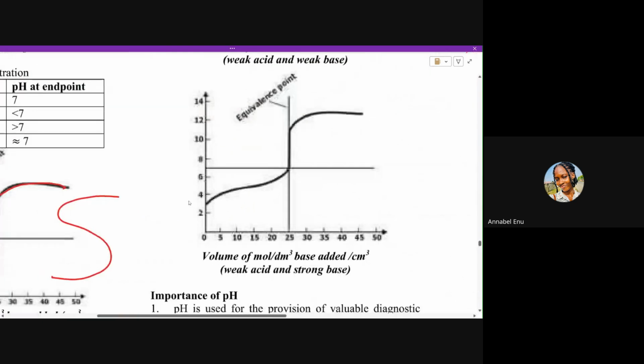Now if you see this one, you will see that the pH is starting from something like 3, and this one ends in something like 12. So we can say not so acidic, because 3 is not so acidic compared to when you're starting from 0 or 1, right? So that is why in this kind of graph it is a weak acid, because the more it's going towards 7, the more weak it is.